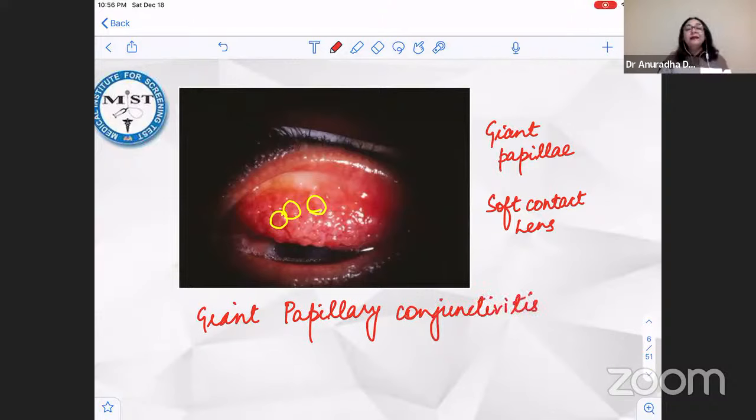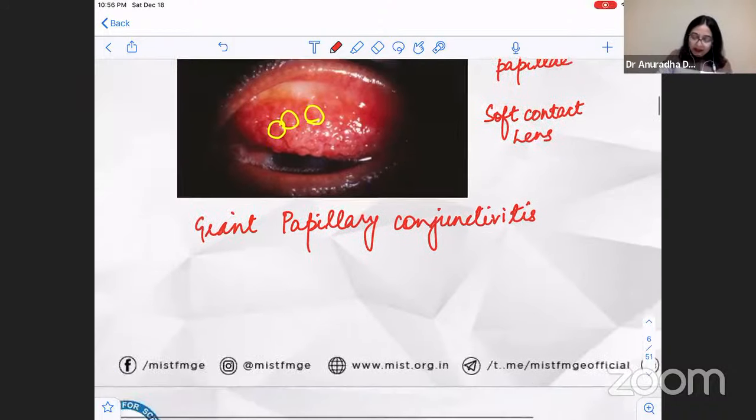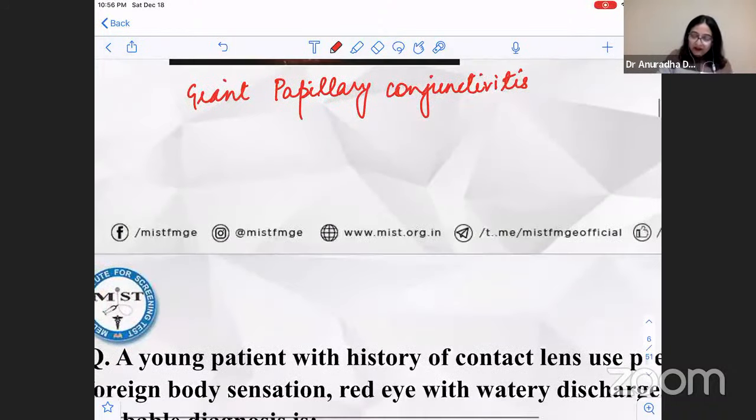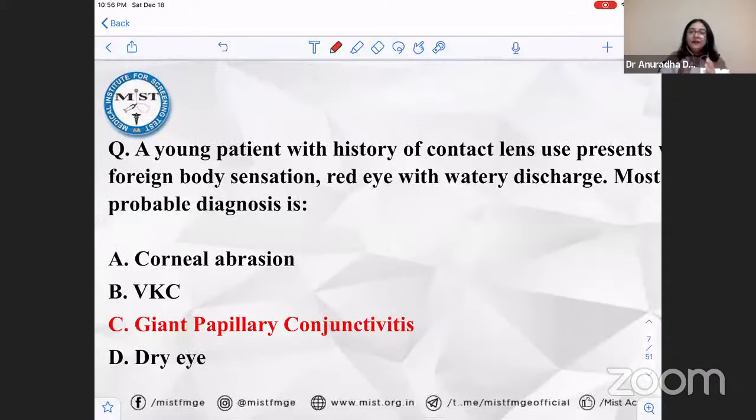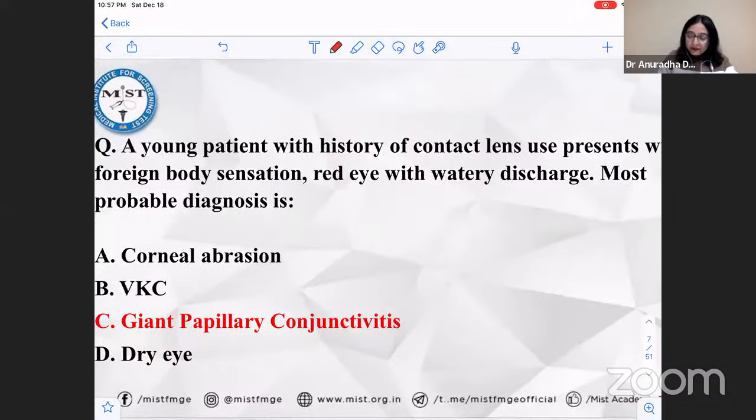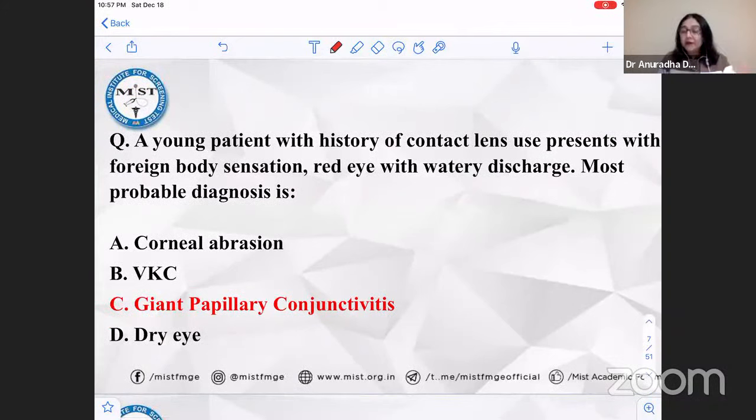So here the right answer to this particular case scenario will be, as I have marked here, giant papillary conjunctivitis. Okay? I was discussing with some students, there was a confusion about whether the case was about a young child having these kind of features, but in that case, contact lens use history will not be there, or the symptoms will be more in the summer season.